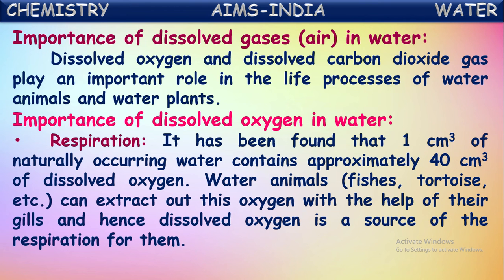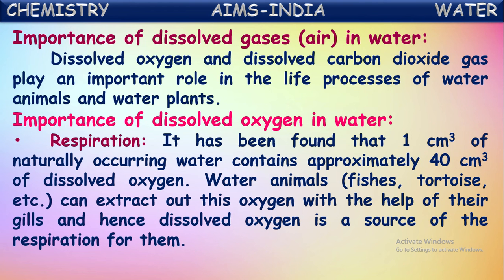It has been found that 1 cubic centimeter of naturally occurring water contains approximately 40 cubic centimeters of dissolved oxygen. Okay, around 40 cubic centimeters of oxygen gas is dissolved per 1 cubic centimeter of water.